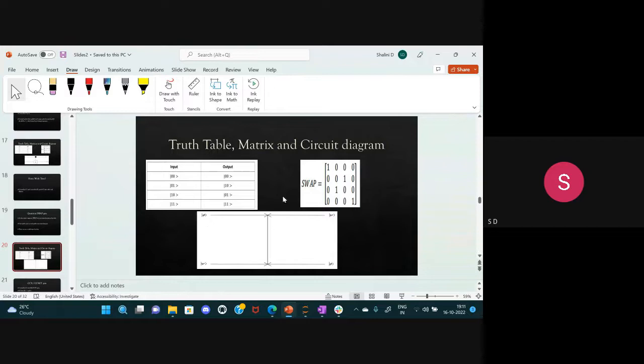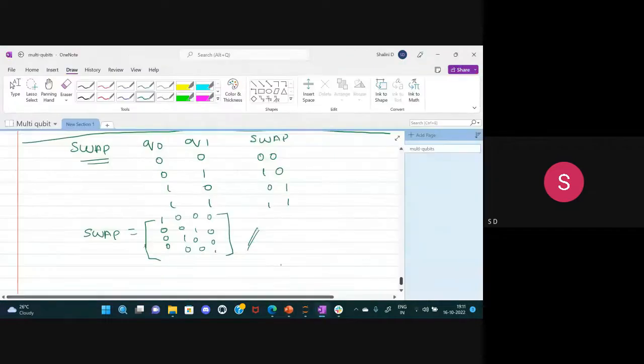When we go to the circuit diagram, we can see that both qubits are interconnected. This X mark is nothing but an interchanging of the qubits.